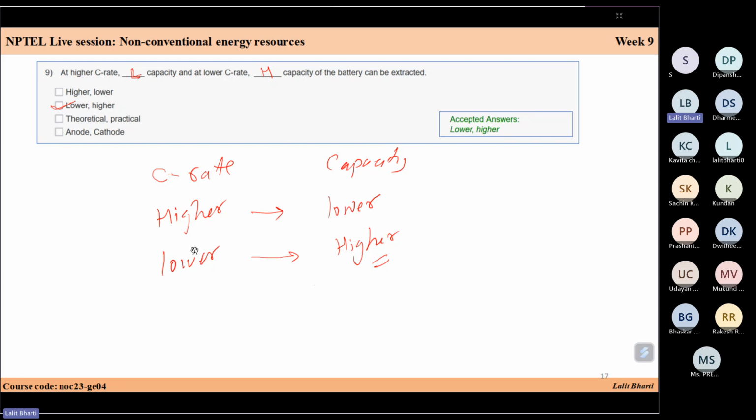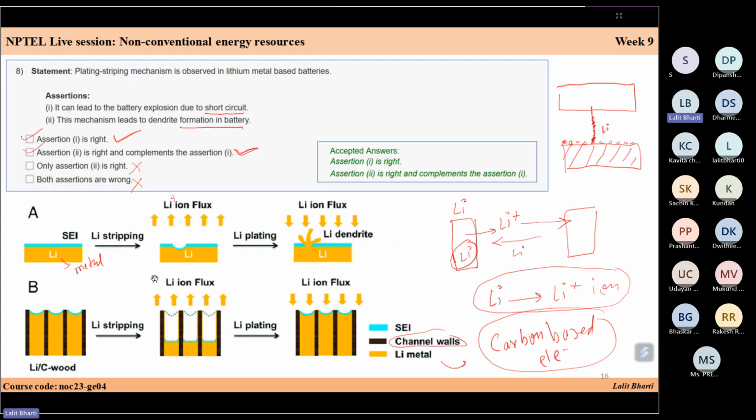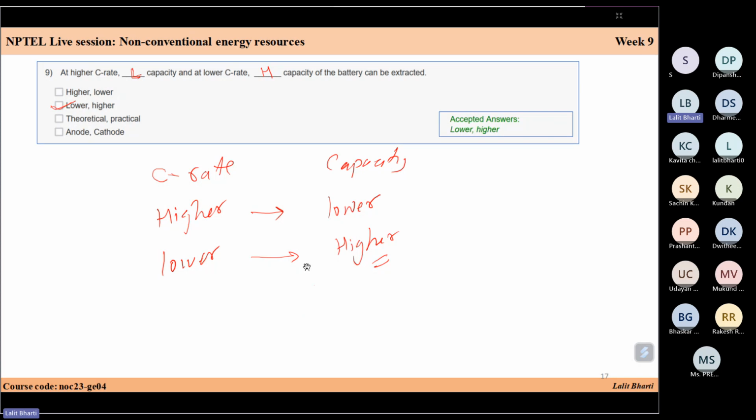If you have a low C rate, you give your battery sufficient time, because in batteries your lithium ions are moving from one electrode to another electrode, so it takes some time. If you give sufficient time, your lithium ions will easily go and efficiently intercalate in your cathode, and when coming back, they can easily return and sit at their respective positions. So your capacities will be higher.